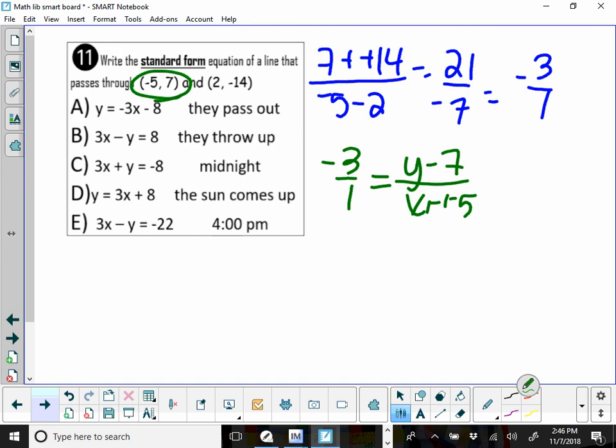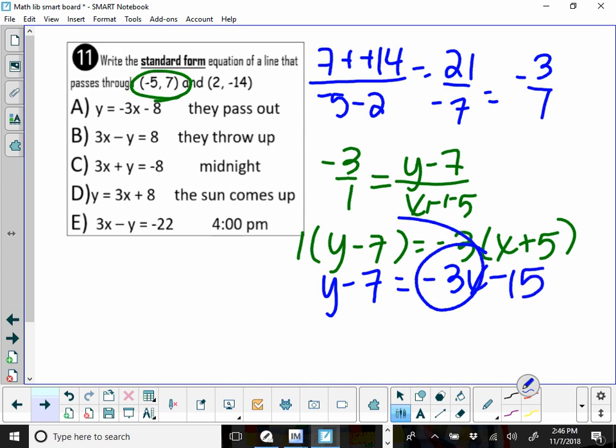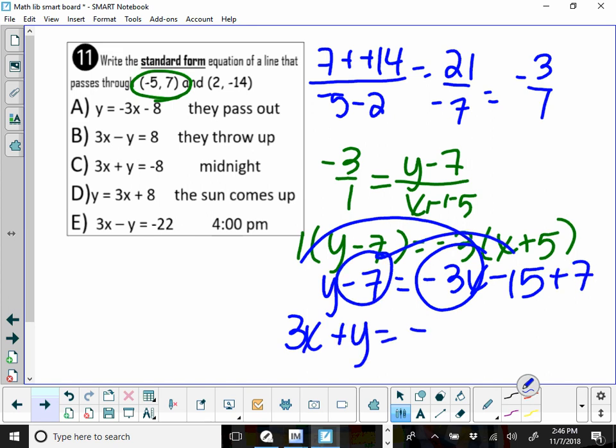Okay, and now we're going to cross multiply. 1 times y minus 7 and negative 3 times x plus 5. Standard form means we want to move, so that's going to become 3x plus y equals negative 8, which is midnight.